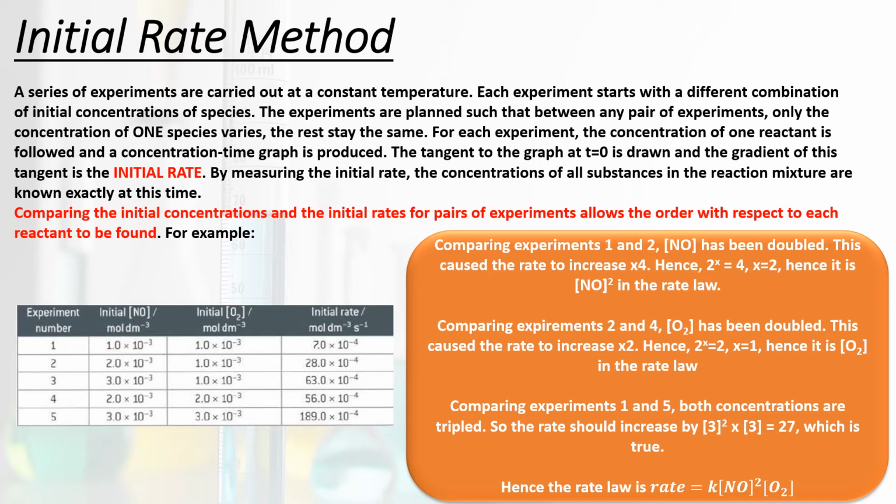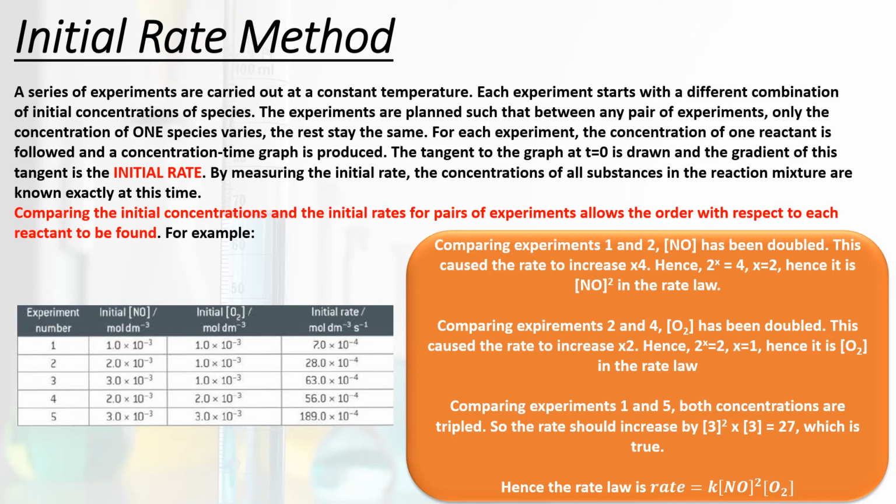The only way this can be true is if x equals 2, i.e. it's NO to the power of 2. It's a squared rate law. We can see that by the fact that we have doubled the concentration of NO and the rate has quadrupled. The only way that can happen is if it was 2 squared, giving 4, and therefore nitrogen monoxide is a second order species.